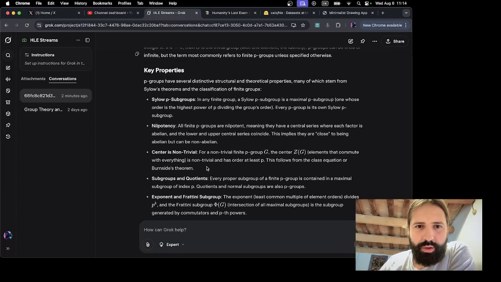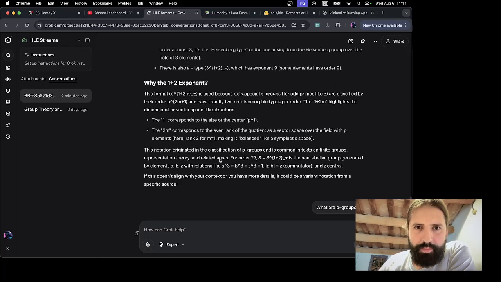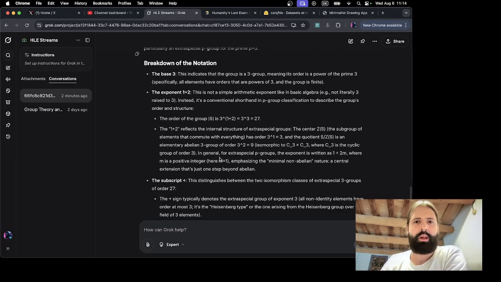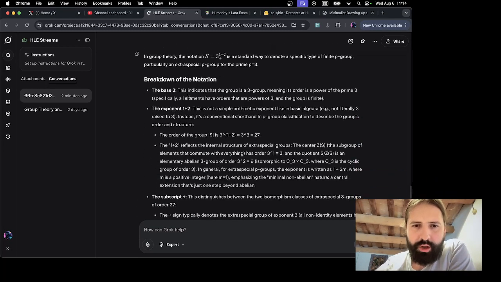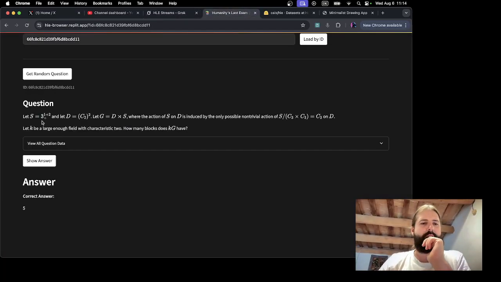But okay, so let's break down the notation. The base 3 indicates that the group is a 3 group. So it's not a specific group. It's just trying to say we're going to come out with a group S, and they're telling us it's a 3 group. It's a P group, right?